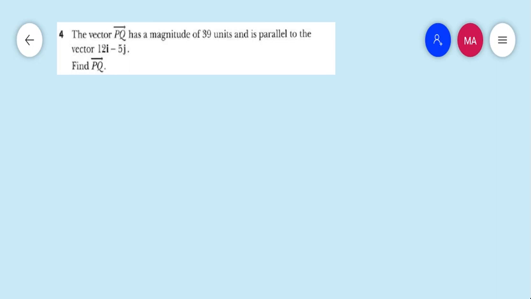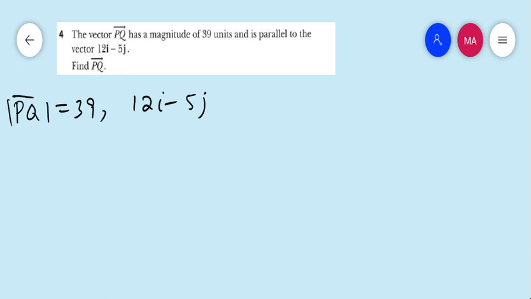Question number 4 is the same, just like question number 3. The vector PQ has a magnitude of 39. So the PQ vector magnitude is given as 39, and it is parallel to the vector 12i minus 5j. Find the vector PQ.